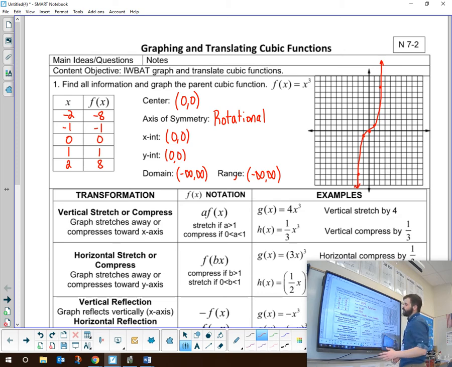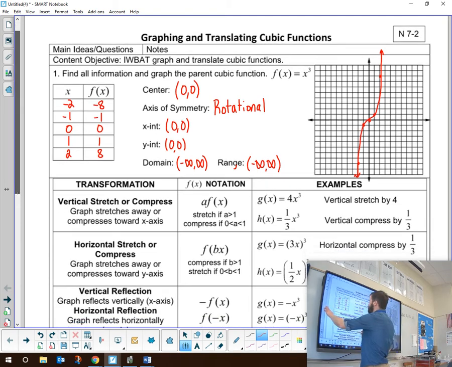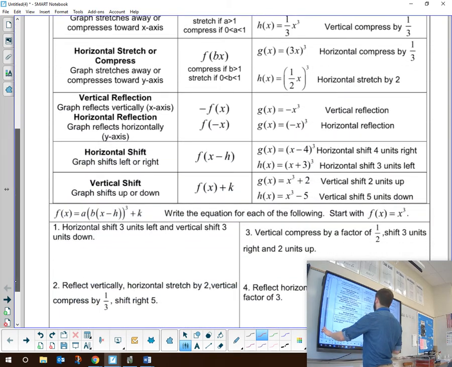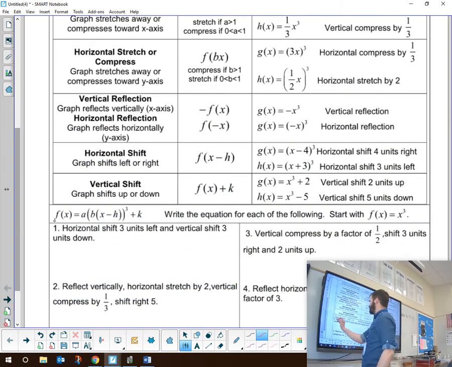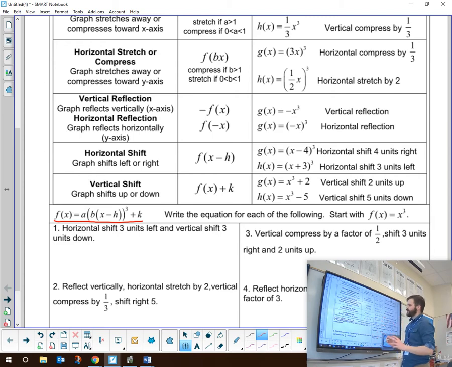Okay, so let's talk about what happens to our graphs whenever we change it up. Remember, we're working with A, B, H, and K. Okay, so first off, remember what our equation is that we're working with. It's this right here. F of x equals a times b times x minus h cubed plus k.